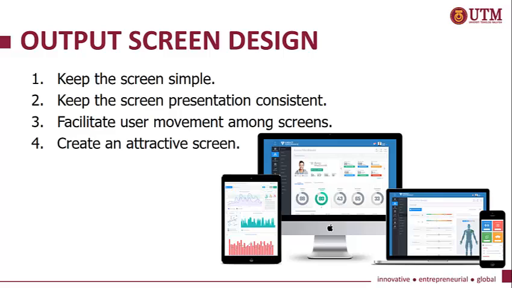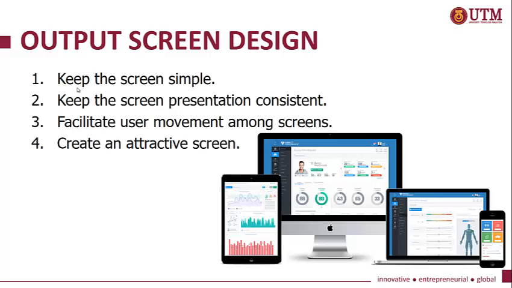To produce the output for screen design, you need to follow screen design guidelines. For example, make sure your design keeps the screen simple. Make sure your screen is not too crowded, and make sure you use the right metaphor.